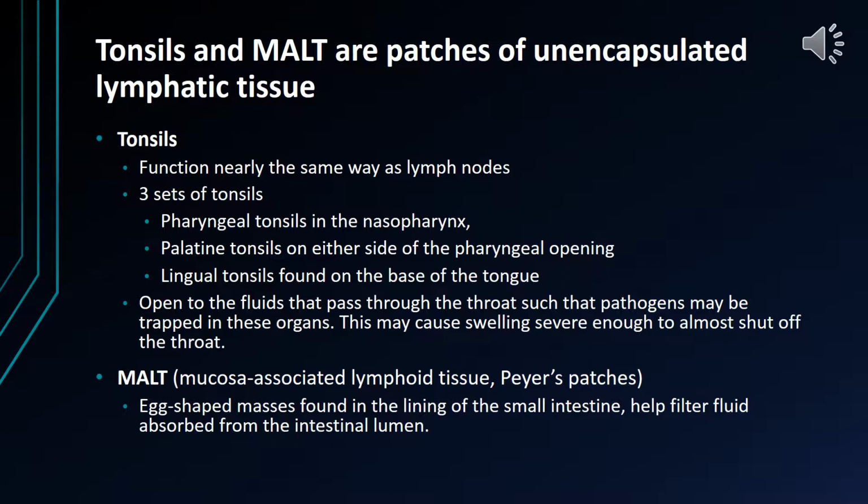The other MALT masses are found in the mouth, and they help filter fluid. The Peyer's patches help filter fluid absorbed from the interstitial lumen. I don't know why we're even mentioning MALT here if we're just going to talk about Peyer's patches, but it's just something your book decided to do.